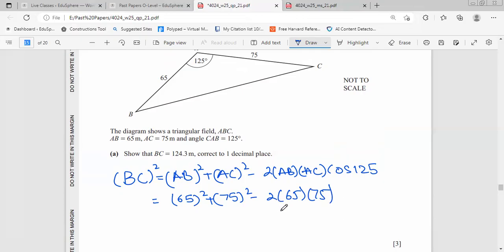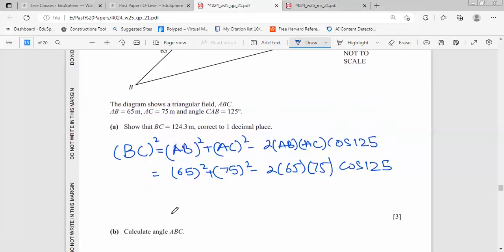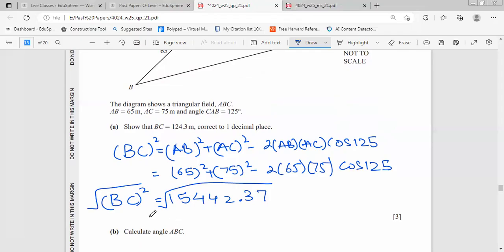So I am going to put everything in a calculator and I will directly get the value of BC square as 15442.37. So when I take the square root on both sides, I will get the final value as 124.3, rounded to first decimal place, and this is our answer.